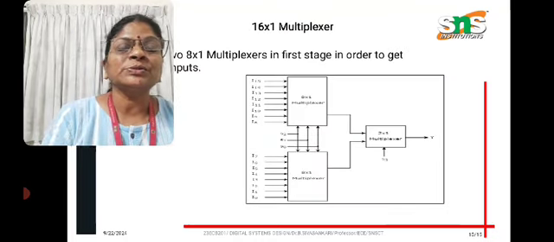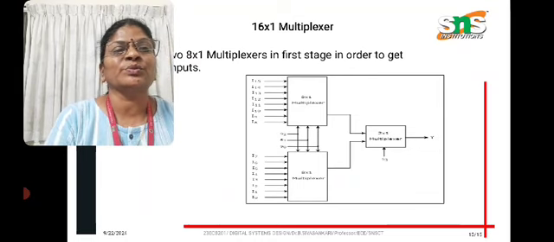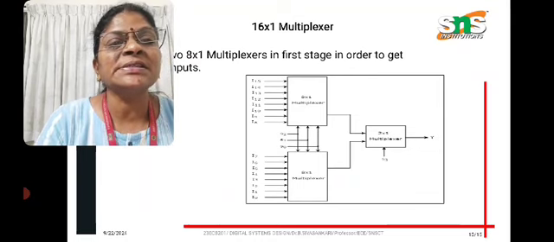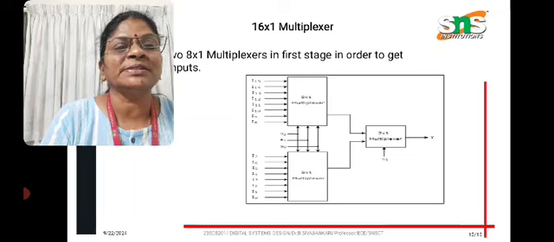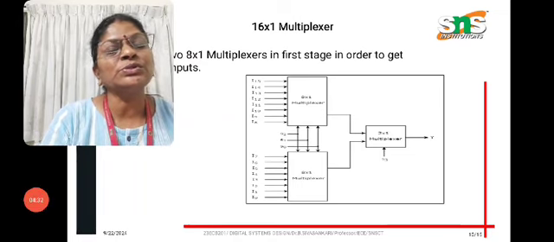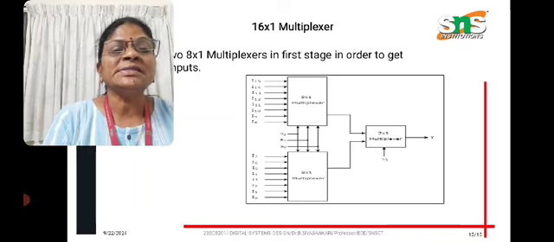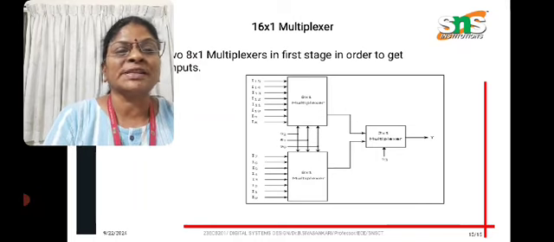Okay, so we discussed so far 4 cross 1 and 8 cross 1. Now we are discussing the 16 cross 1 multiplexer. In this 16 cross 1 multiplexer, we are using two 8 cross 1 multiplexers. So we have 16 inputs and 4 selection lines.